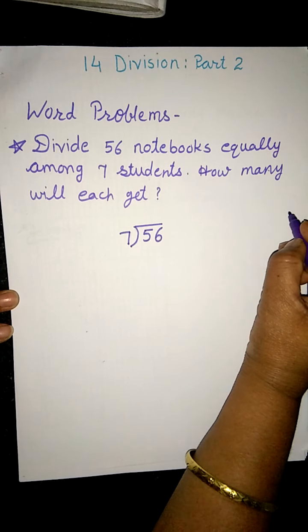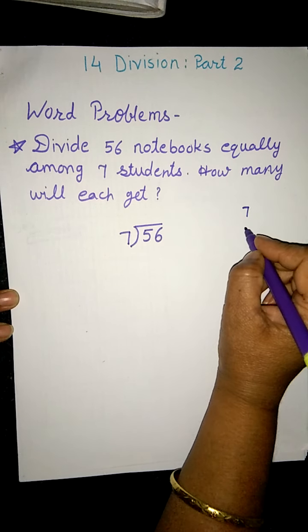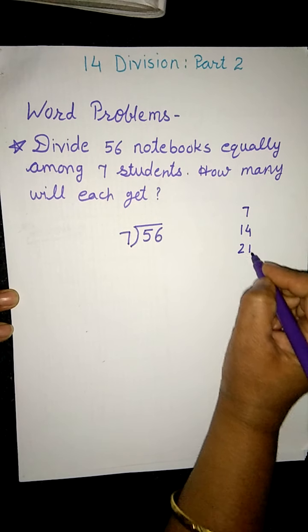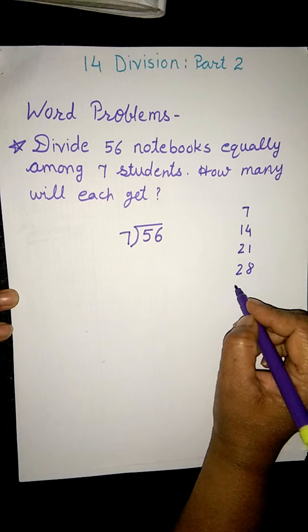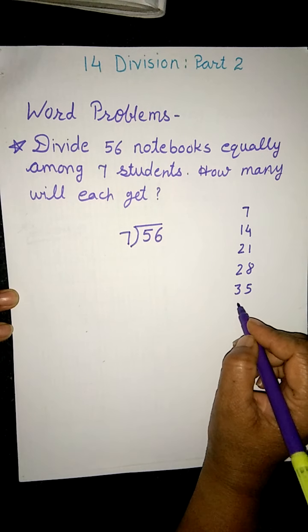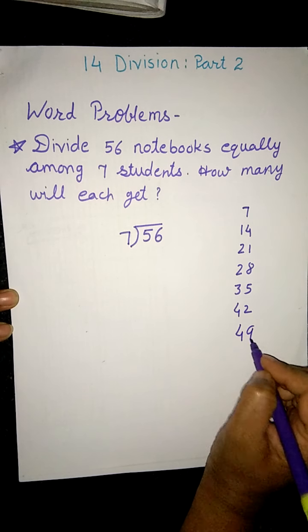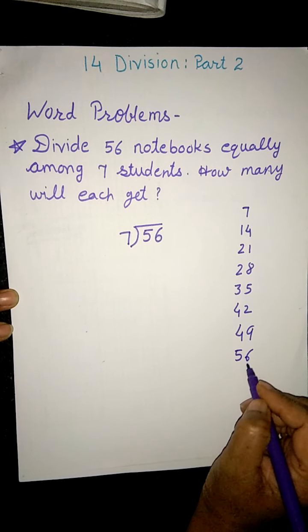What we will do? We will write the 7's table first. 7 1s are 7, 7 2s are 14, 7 3s are 21, 7 4s are 28, 7 5s are 35, 7 6s are 42, 7 7s are 49, 7 8s are 56.